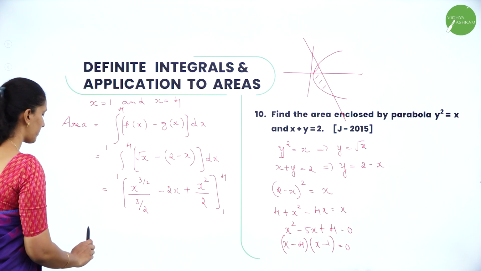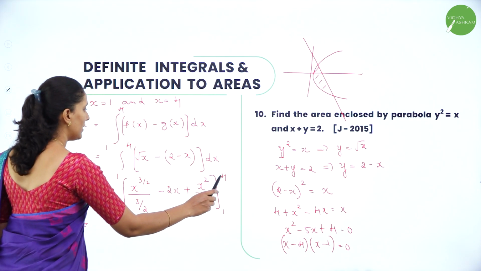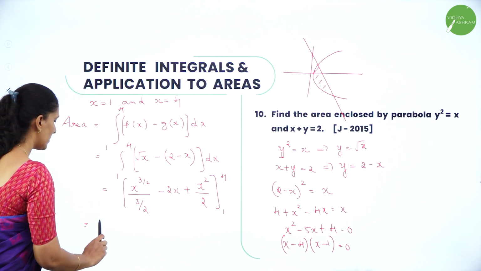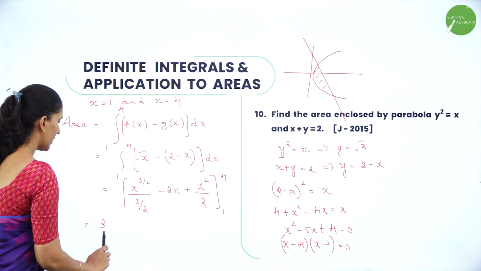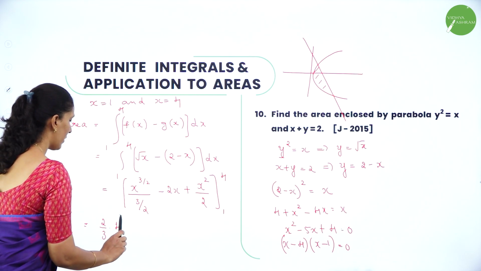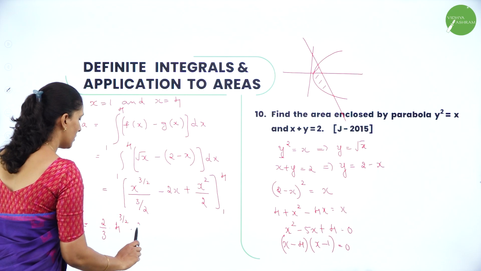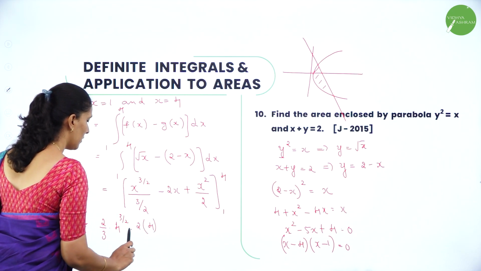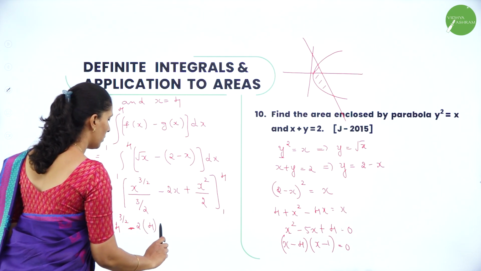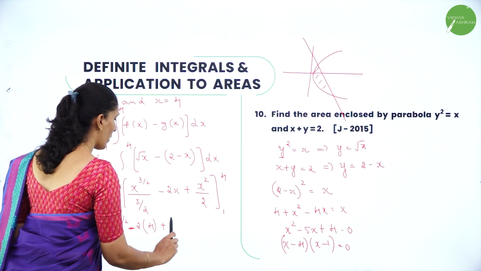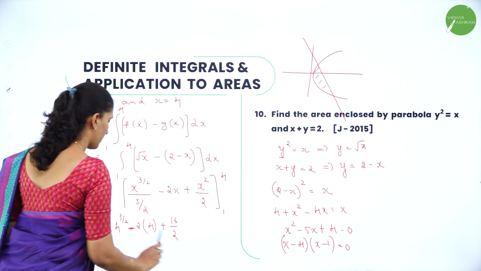So here, apply the limit as 4. This is 2 by 3 into 4 to the power 3 by 2, minus 2 into 4, plus 4 square is 16 by 2.